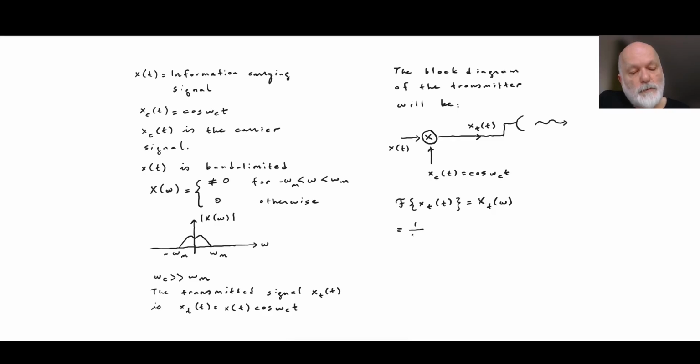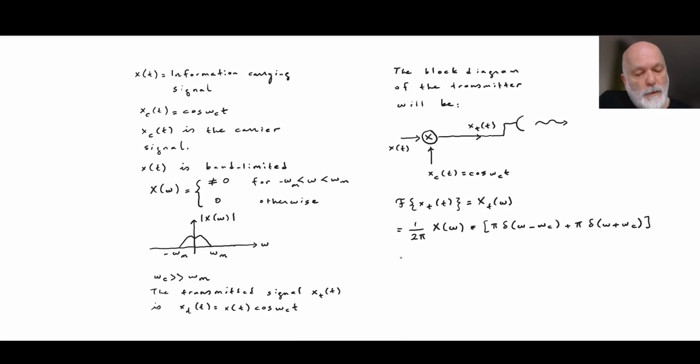So we will have 1 over 2 pi X of omega, the Fourier transform of our information carrying signal, convolved with the Fourier transform of the carrier signal, which is pi delta of omega minus omega c plus pi delta of omega plus omega c.